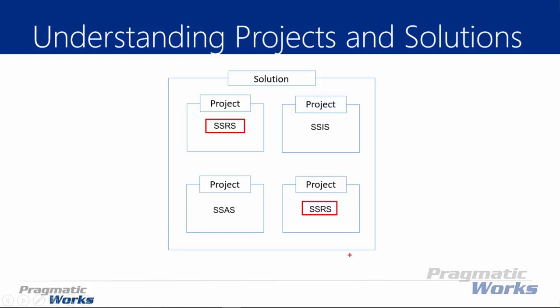So what you'll see sometimes within an environment is we have a solution that we've created, and that solution ultimately is maybe for our data warehouse for our marketing team or data warehouse for our sales. And then I have an SSIS project, which is an ETL project that takes the data from the source and loads our data warehouse.